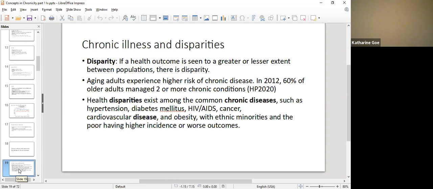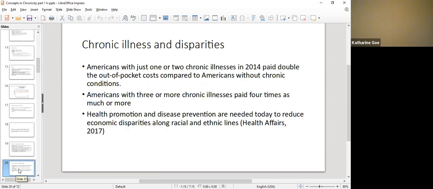Health disparities exist among common chronic diseases such as hypertension, diabetes, HIV, AIDS, cancer, cardiovascular disease, obesity, with ethnic minorities and the poor having a higher incidence and worse outcomes. This has also been thrown into stark relief with the COVID pandemic and the people who have complications from that. There's a huge disparity there as well.